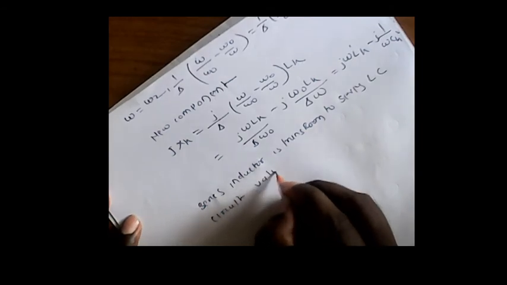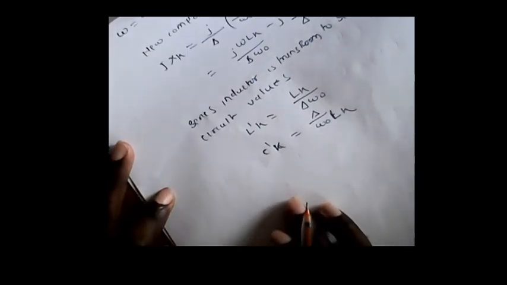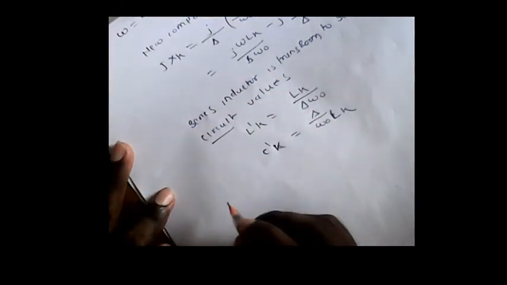The values that come out are L dash k equal to Lk divided by delta omega 0, and C dash k equal to delta over omega 0 Lk. So this is for when a series inductor is transformed into an LC circuit.